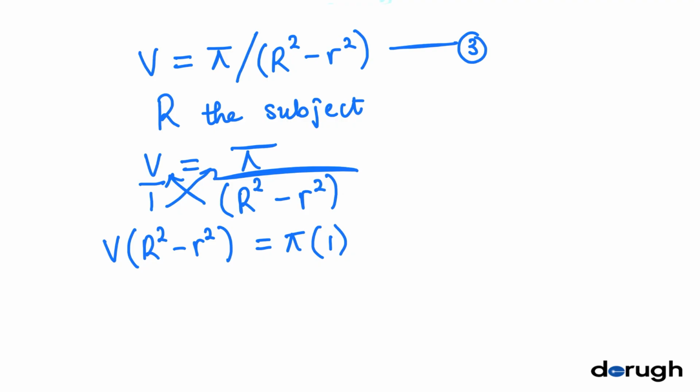Okay, so remember that we are trying to free up Raymond, right? So the next thing that we need to do is expand the bracket because Raymond is still inside the bracket. We need Raymond alone. And that gives us V Raymond square minus V red square equals pi.